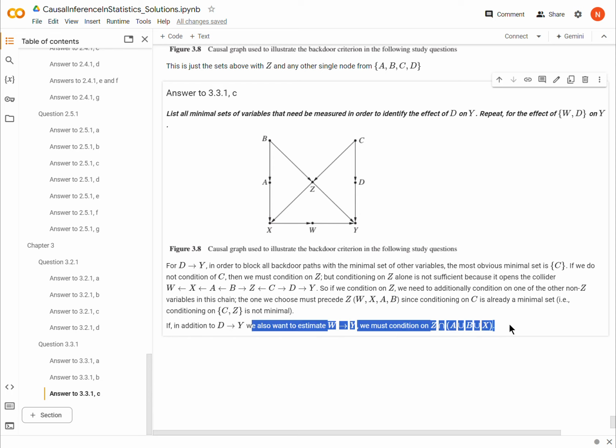Okay, and so it's Z and one of these other variables here. So anyway, I think that is good for now.